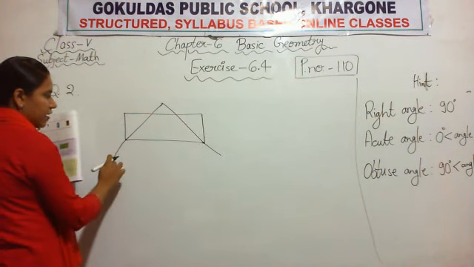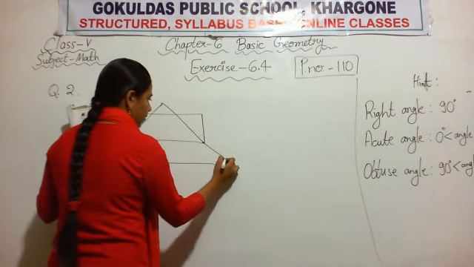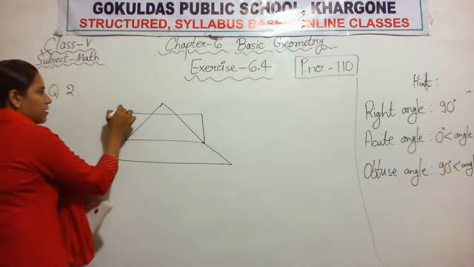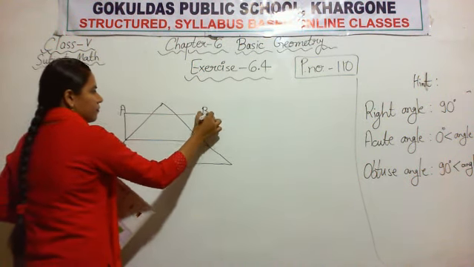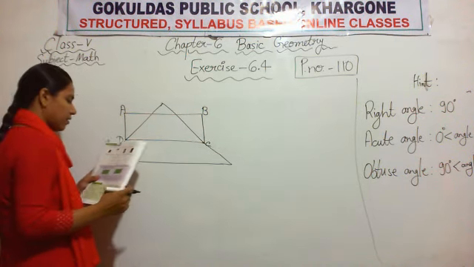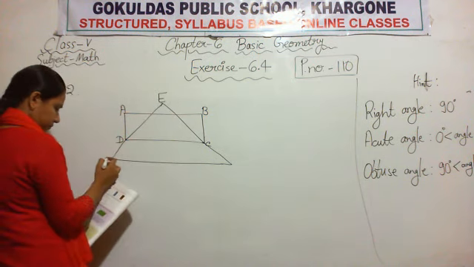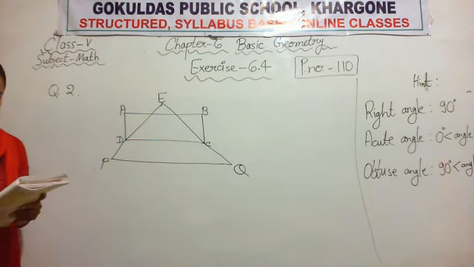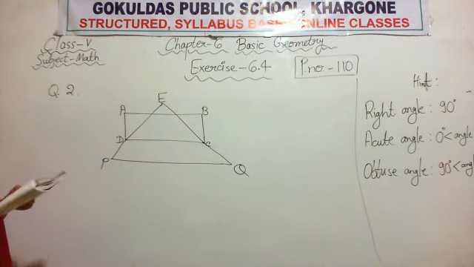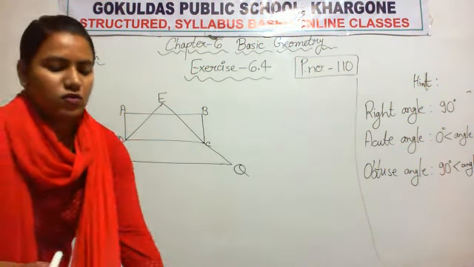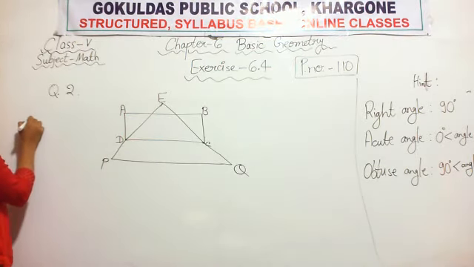The figure is given like this, where ABCD is a rectangle and EPQ is a triangle. Now in this figure you will observe which is a right angle, where is an acute angle, where is an obtuse angle.